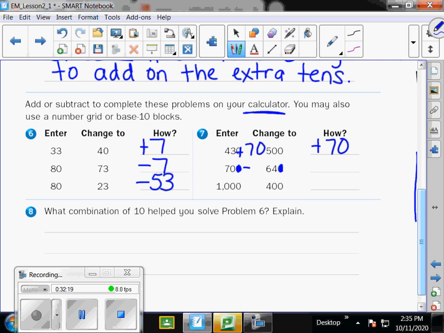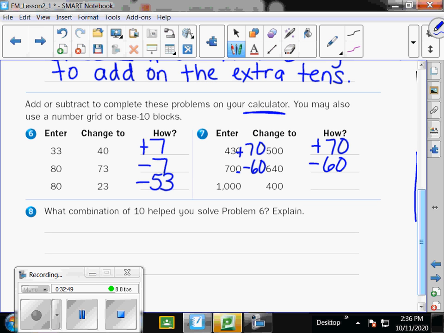So 70 to 64, what am I going to have to take off? Again, I need to know numbers that equal 10, so I'm going to take off 6. 70 minus 6 equals 64. But now I don't have just 70, I have 700. So I'm just going to add that 1 0 right back on, and I should have subtracted 60.